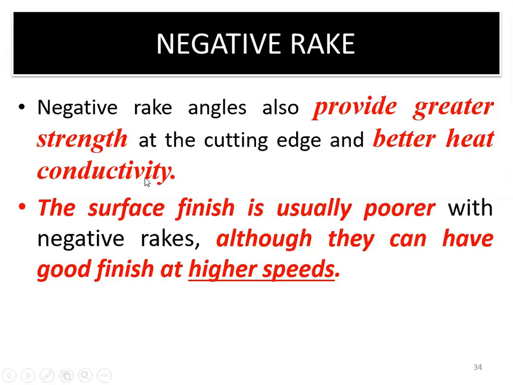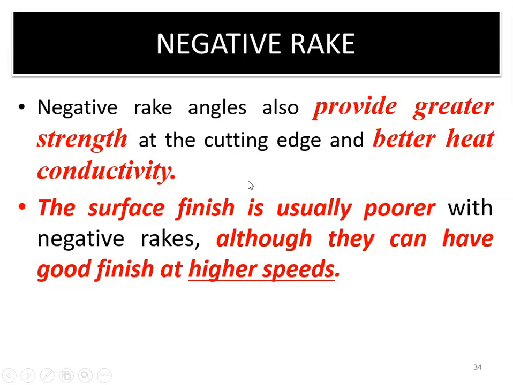As more material is on the tool, there will be more thermal conductivity, more area for dissipation of friction heat, therefore it will show better heat conductivity. Also, the more material on the tool, the greater its strength.